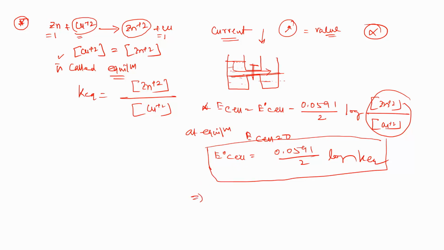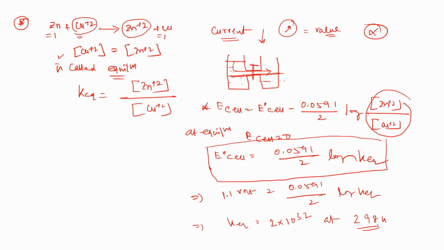Now the E0 cell value for that galvanic cell is equal to 1.1 volt. So 1.1 volt equals 0.059 by 2 into log K equilibrium. From that equation, K equilibrium will be 2 into 10 to the power 37 at 298 Kelvin.